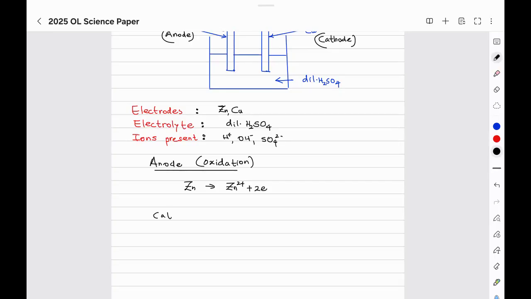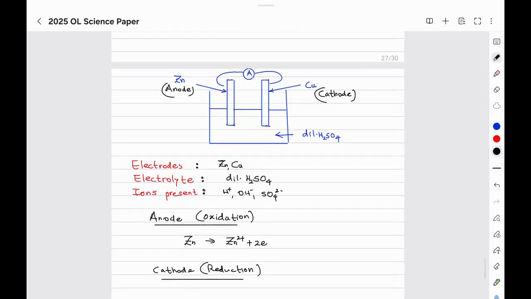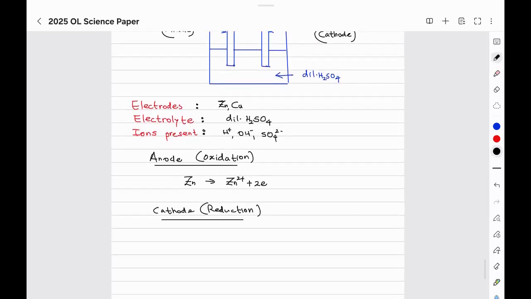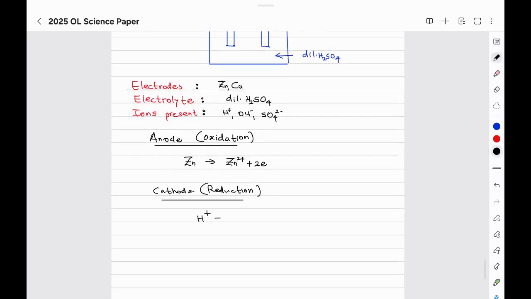Then near the cathode, what will happen is H plus is taking up electrons and producing H2 gas in this one.